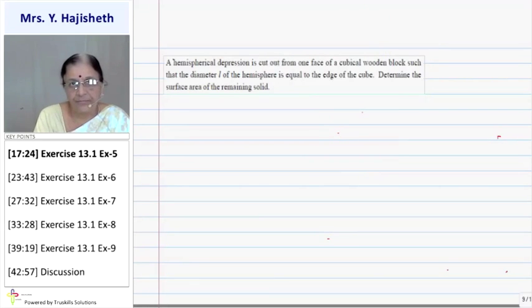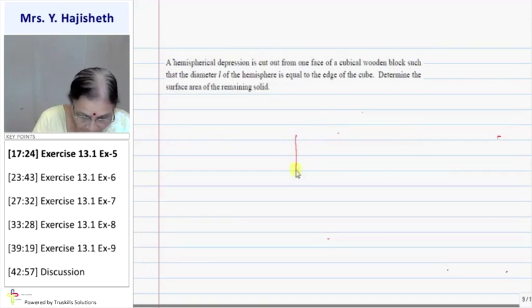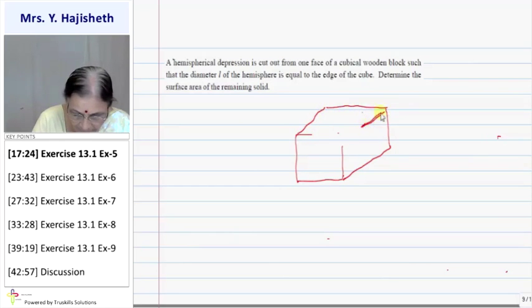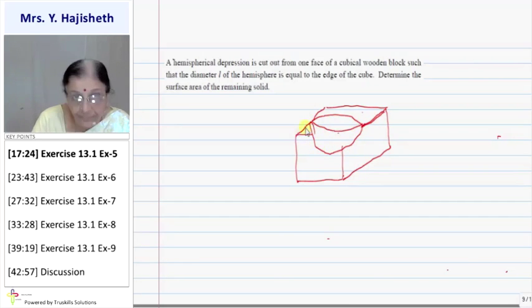Look here. The figure is like this. You are given a cube with edge L, meaning the length of this is L centimeter. Now I have to make a hemisphere. Okay. Radius is equal to L by 2. Clear?